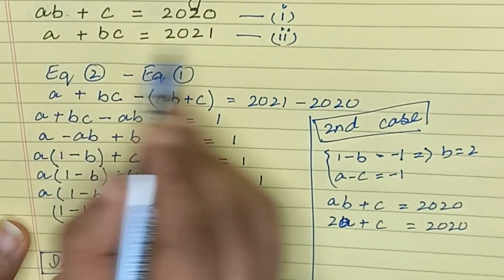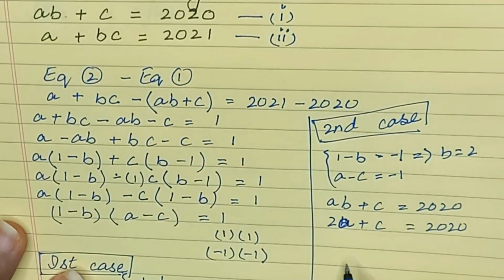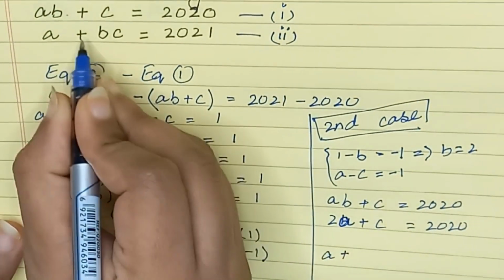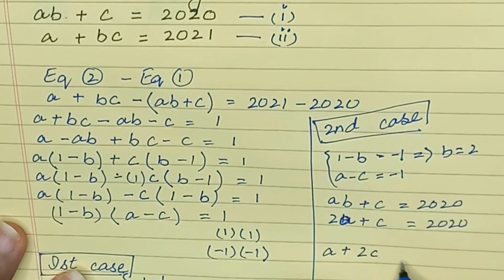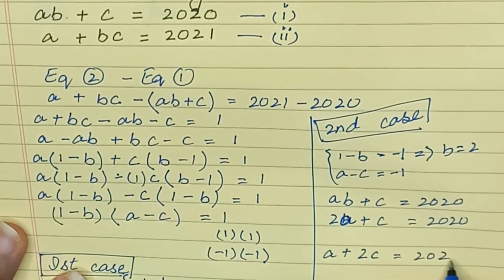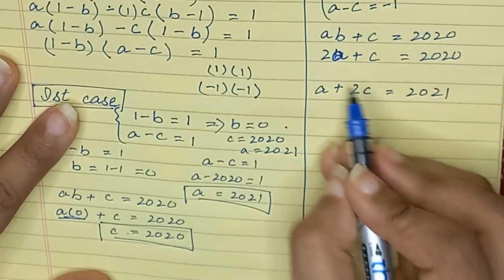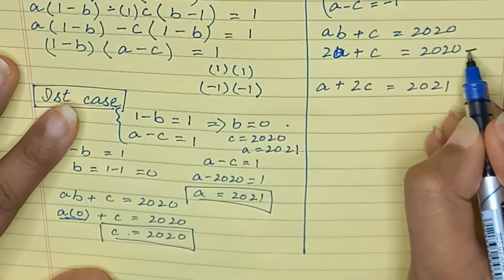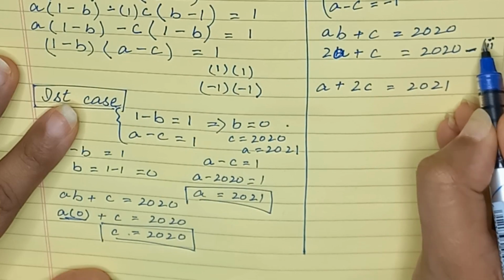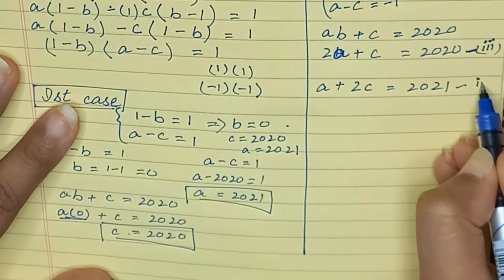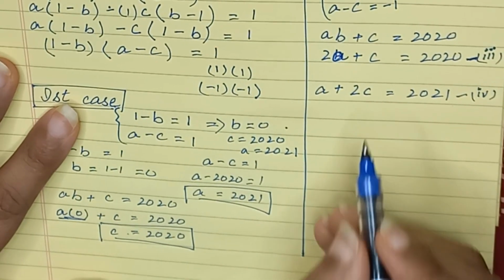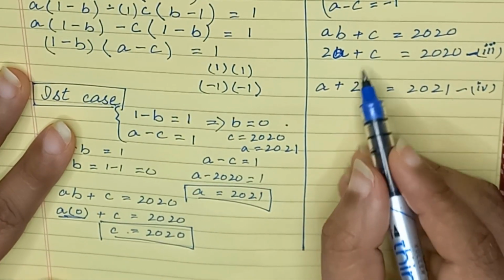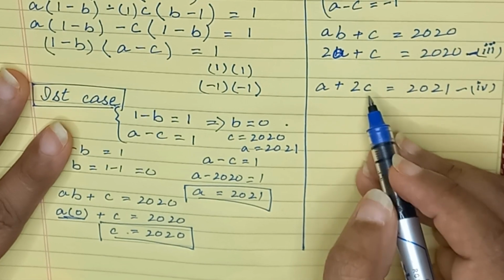And if we put the value of b in equation 2, it will become a plus b is 2, so it will become a plus 2c is equal to 2021. Now we have two new equations. We will name them equation 3 and equation 4. Now we have to find the values of a and c from this pair of equations.